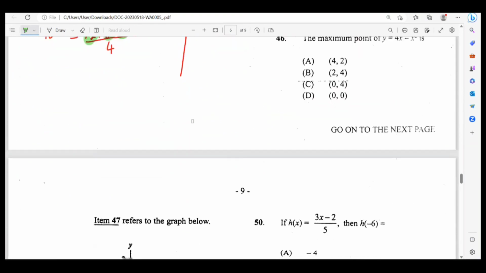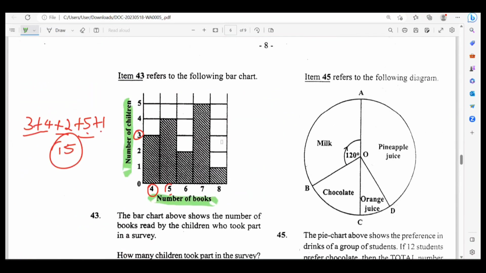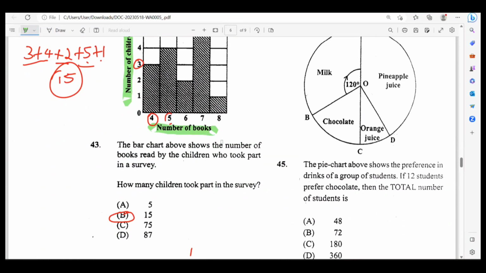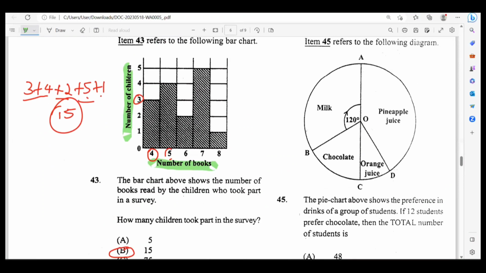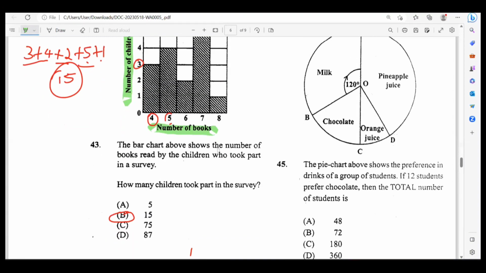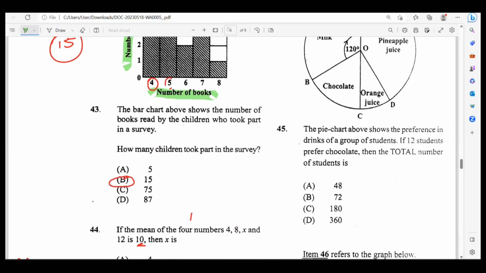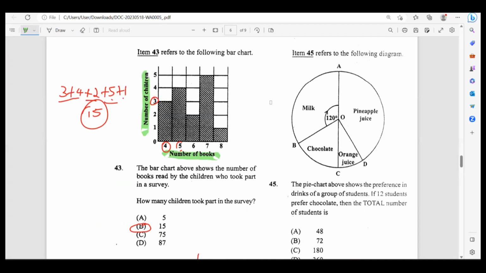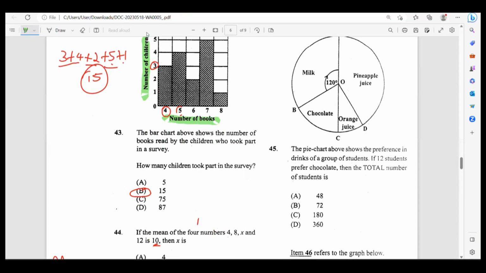All right, let's go. 45 is up here. Similar to one I saw last night. It's not it, but very similar. It says item 45 refers to the following diagram. You're looking at the diagram. Could I just push this up? I think I need space. Let me take this question to somewhere where I could have a better hold of it.